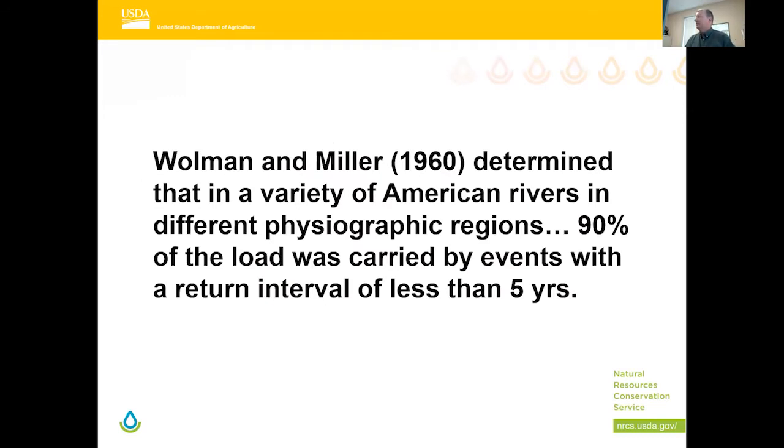Another thing maybe a lot of folks don't realize is that a lot of the channel forming discharges, or the flow events that tend to form the shape of the channel, there's research, not just only this, but many places that say that 90% of the sediment is transported in streams by events that have a return interval less than 5 years.